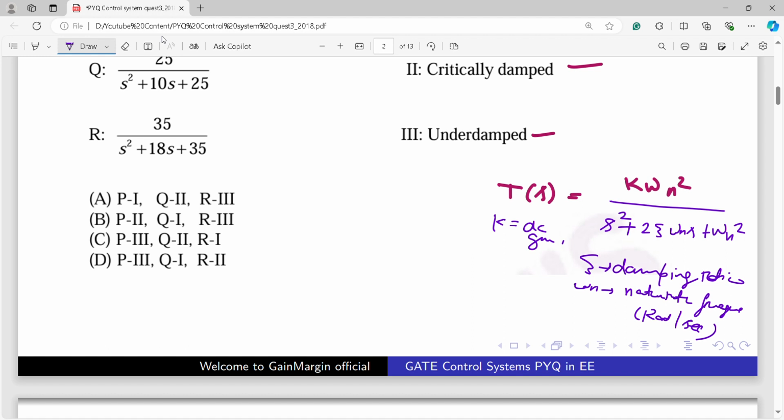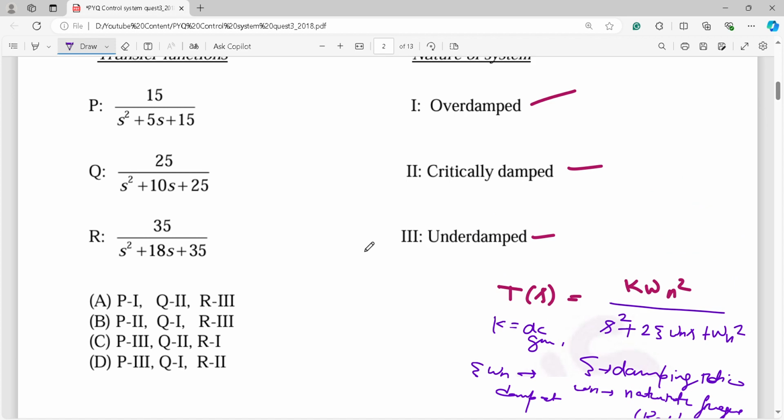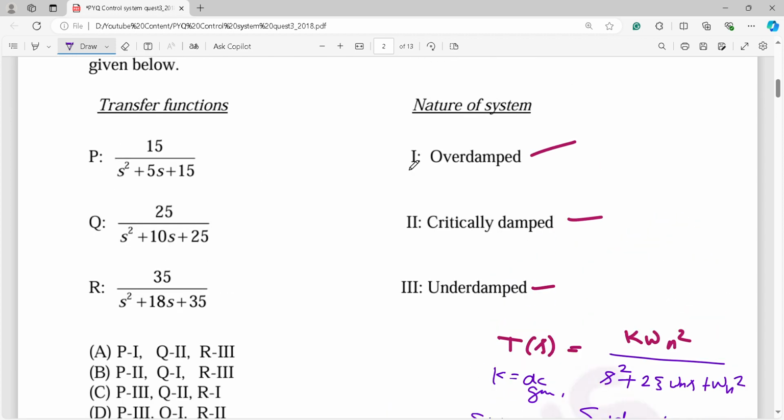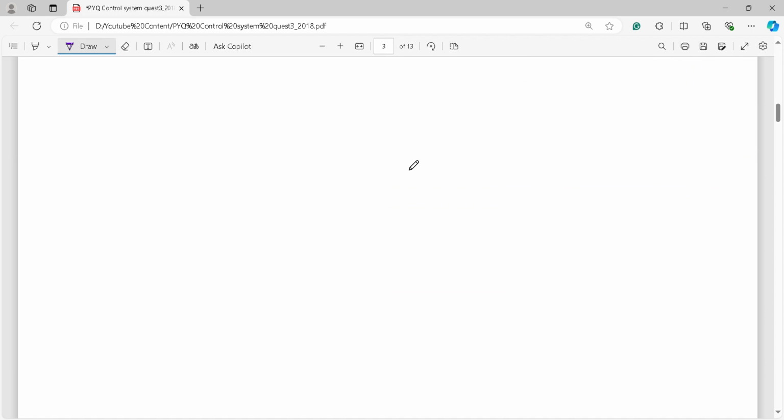One more term you can remember: zeta omega n is the damping factor. We need to know these details to solve this question, and to know whether the system is underdamped, critical or overdamped, the damping ratio is very important.